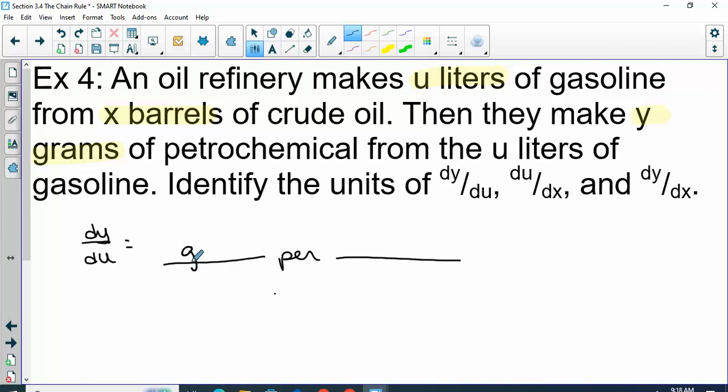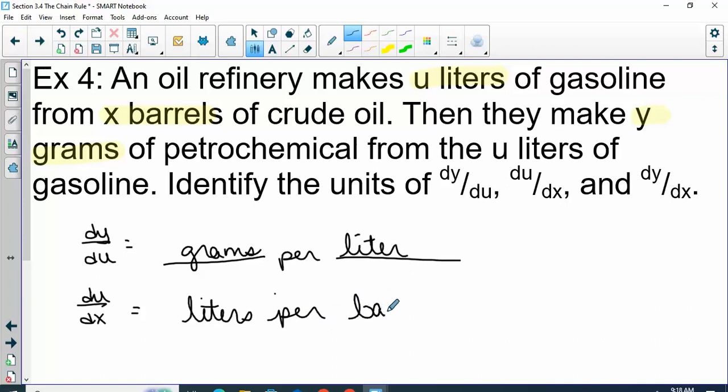So it would be grams per liter. U is liter. Then du/dx. So U is liters per X, which is barrels, so liters per barrel.